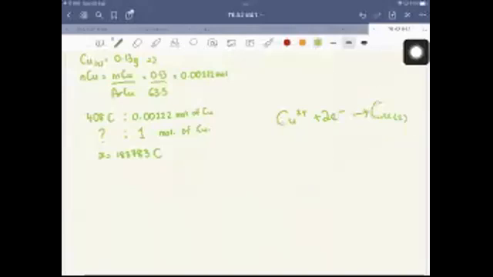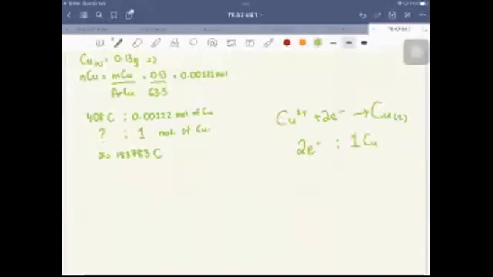Okay, so you can see that to form 1 mole of copper, we require 183,783 coulombs. So that means if you look at the equation, 2 moles of electrons is required to form 1 mole of copper.